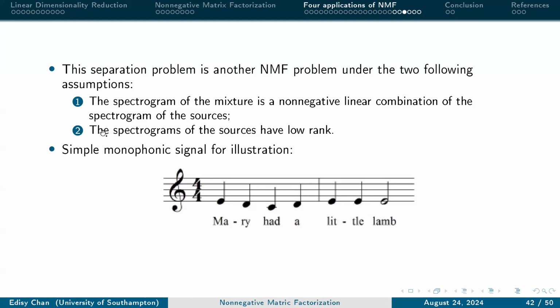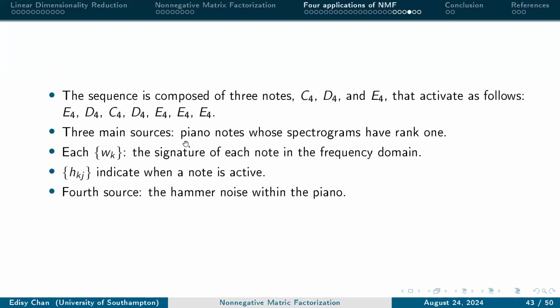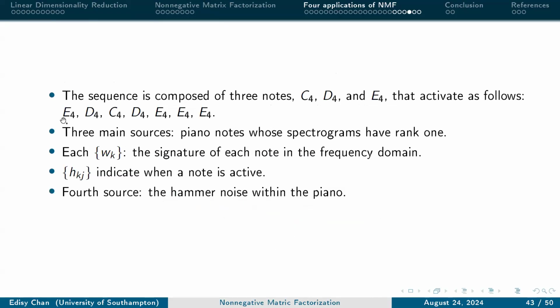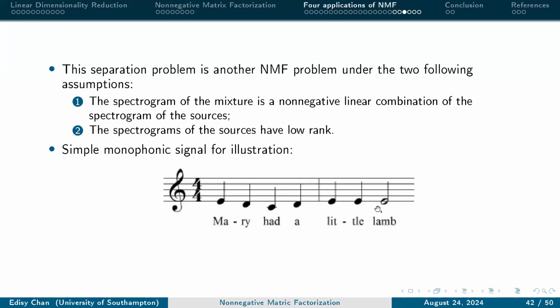We have this simple monophonic signal, and this sequence is composed of 3 notes only, C4, D4, and E4, and they activate in the following way: E4, D4, C4, D4, E4, D4, E4. So we have 7 notes here.